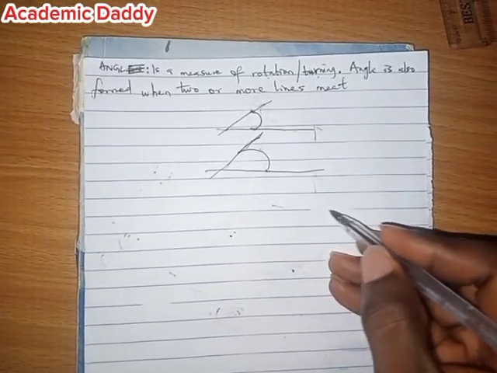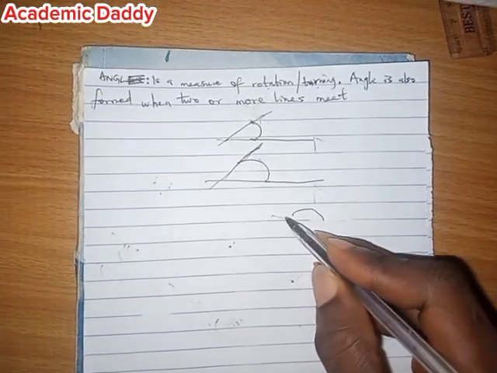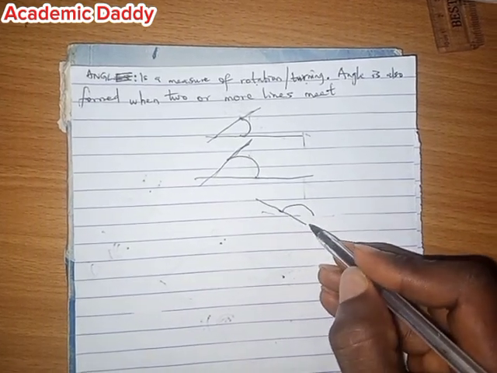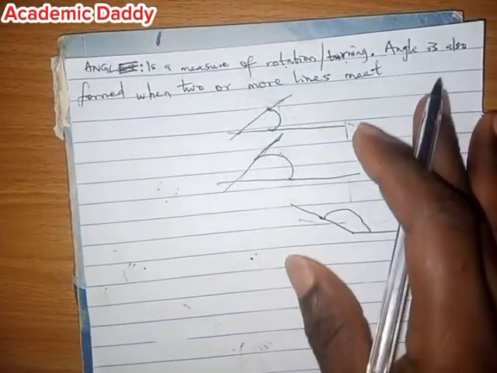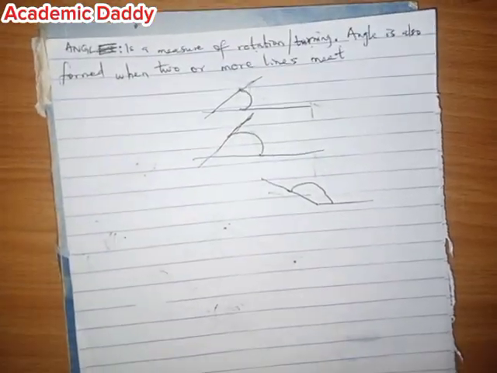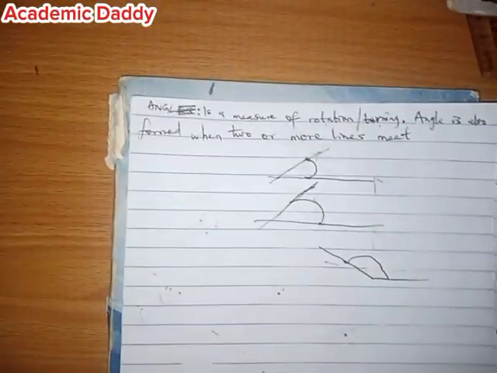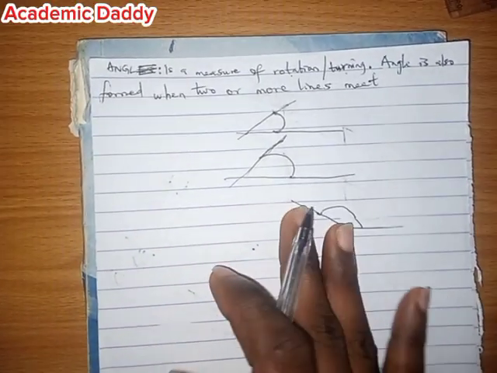But a situation where I have something of this nature, let's say I have this here. What I'm trying to do with this is not how you get angles, but I'm just trying to show you the definition, that whenever something turns, it makes a point where two lines meet. That's just what I'm trying to say.